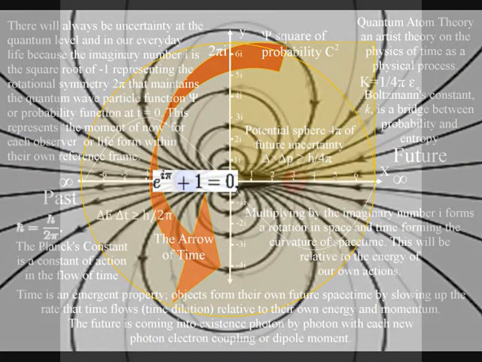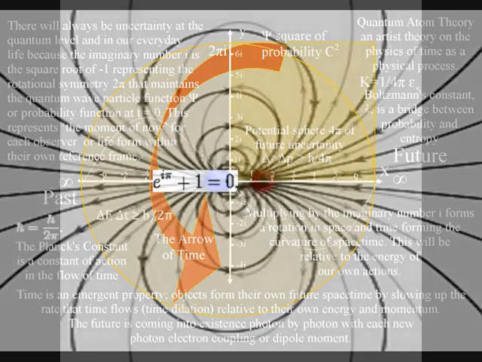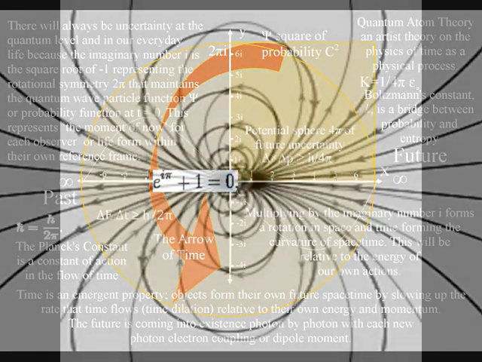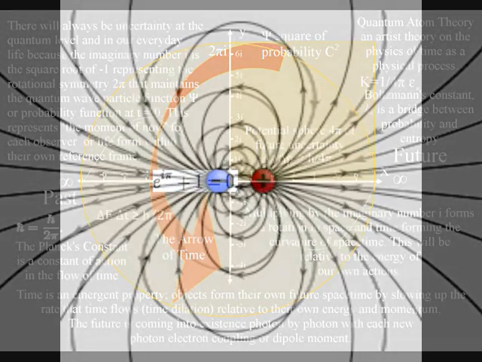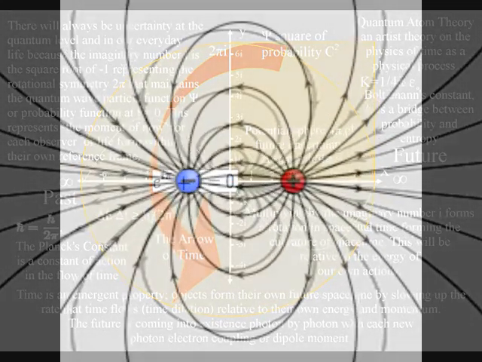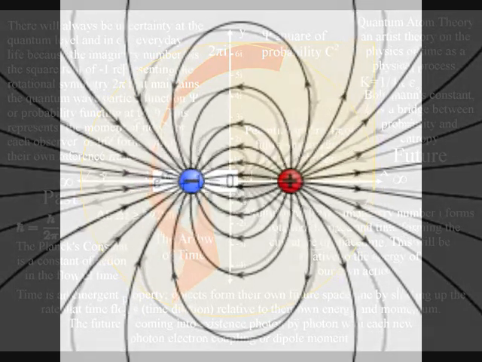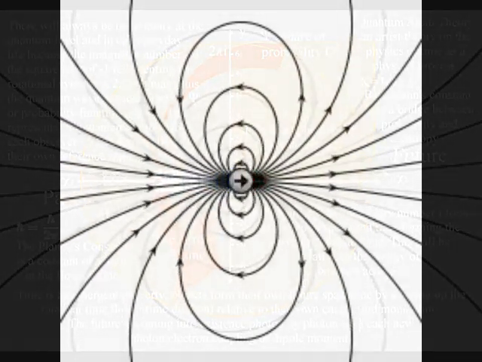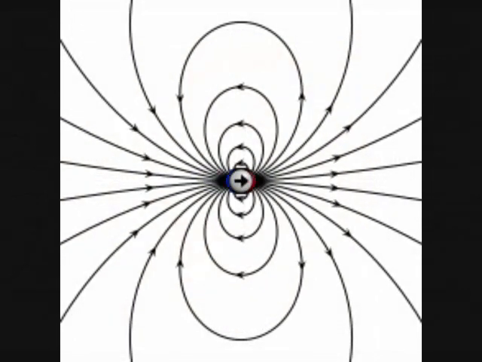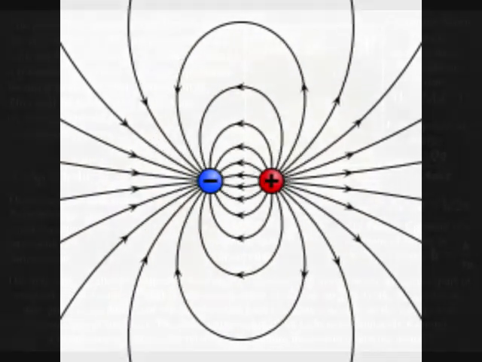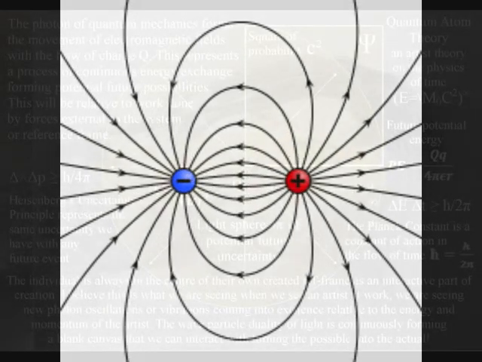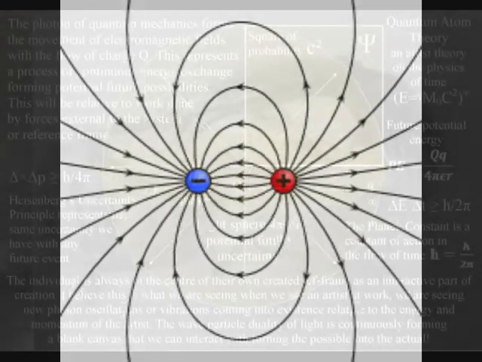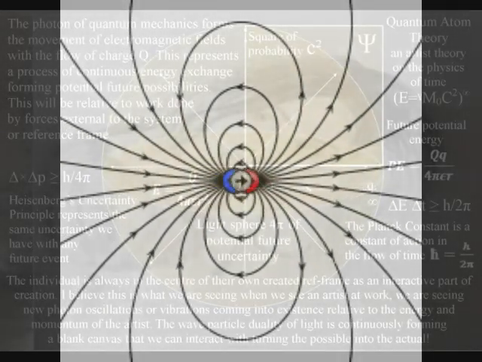This is a process of continuous energy exchange, or what I like to call continuous creation, formed by the spontaneous absorption and emission of light waves. In this theory, the imaginary numbers are at right angles to the standard number line because electric fields are always at right angles to magnetic fields in a process of permanent flux, forming the continuously changing world of our everyday life.